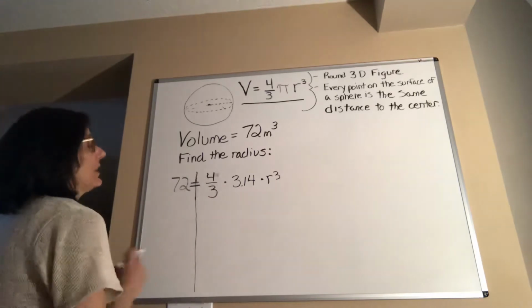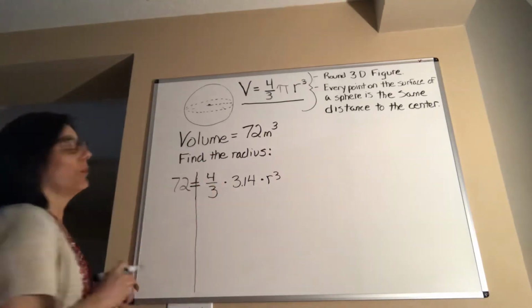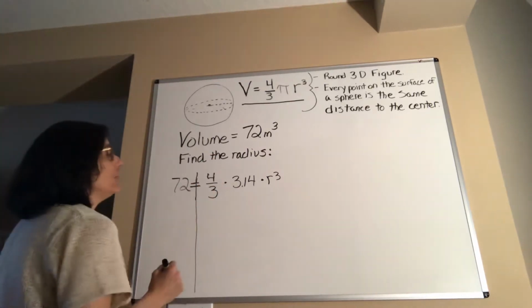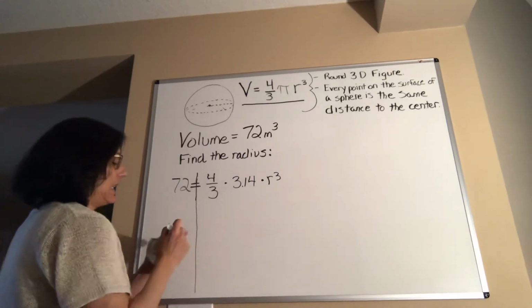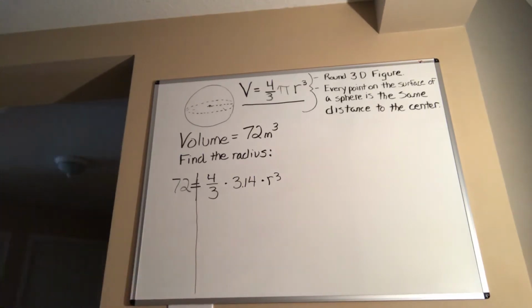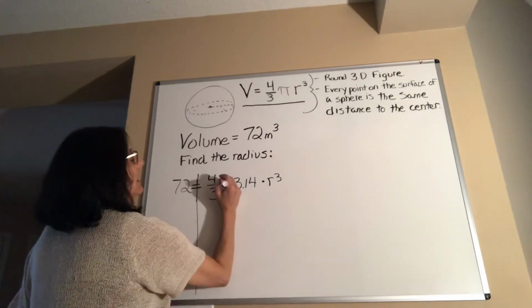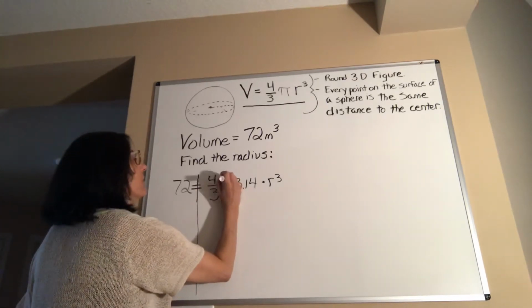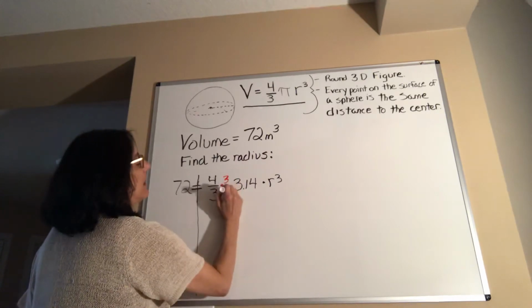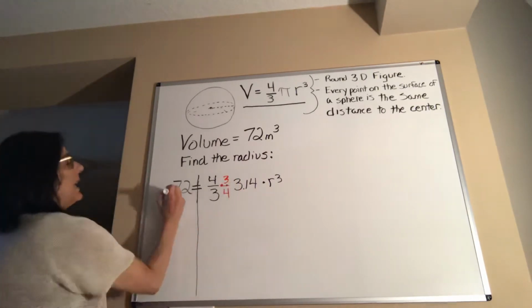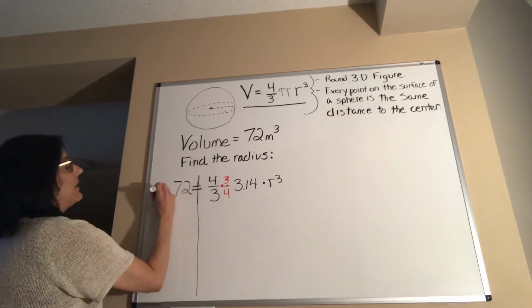So with a fraction, we need to move that fraction. And what we need to do is multiply it by the opposite. And the opposite of 4/3 is 3/4. So multiply by 3/4 on this side, and then you have to do it to this side as well.